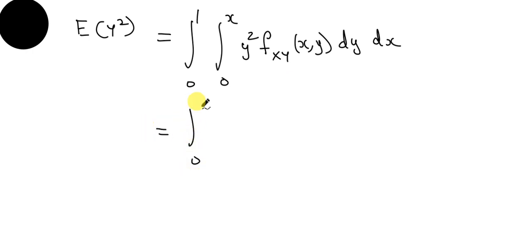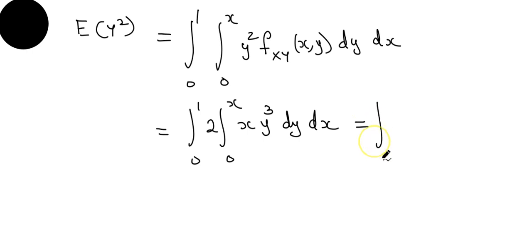So this is integral 0 to 1, 0 to x, 2 x y cube dy dx. So this will become integral 0 to 1. Y cube will become y power 4 by 4. So 2 by 4 will give you a half. And here x power 4 into x will once again land up with x power 5 into dx.